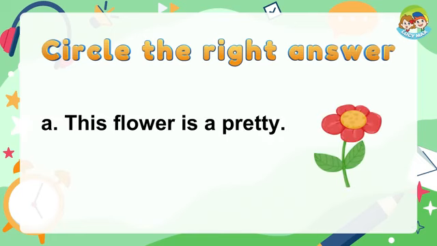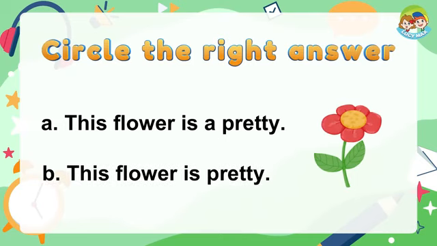A. This flower is a pretty. B. This flower is pretty. The answer is B. This flower is pretty.